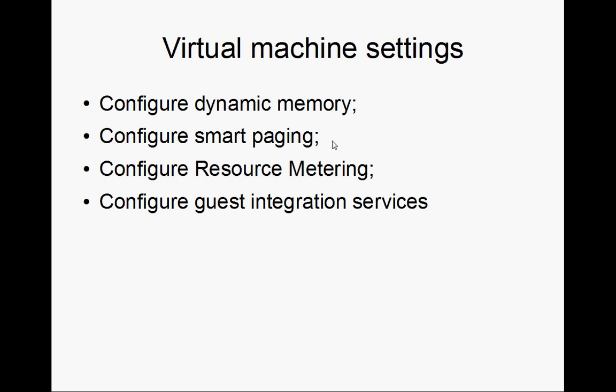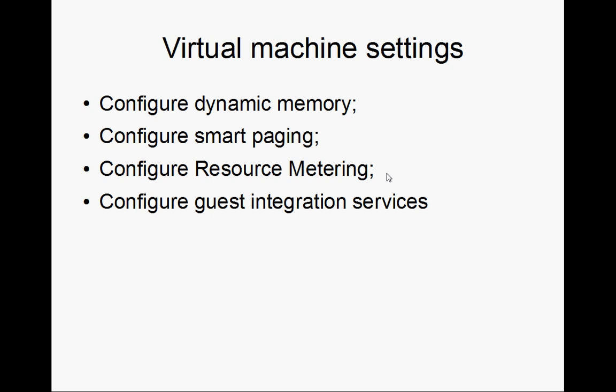Resource metering I'm not going to cover because it's PowerShell and it's not quite a standard item, and the guest integration services, which are Microsoft drivers and applications to allow Hyper-V to monitor machines better.